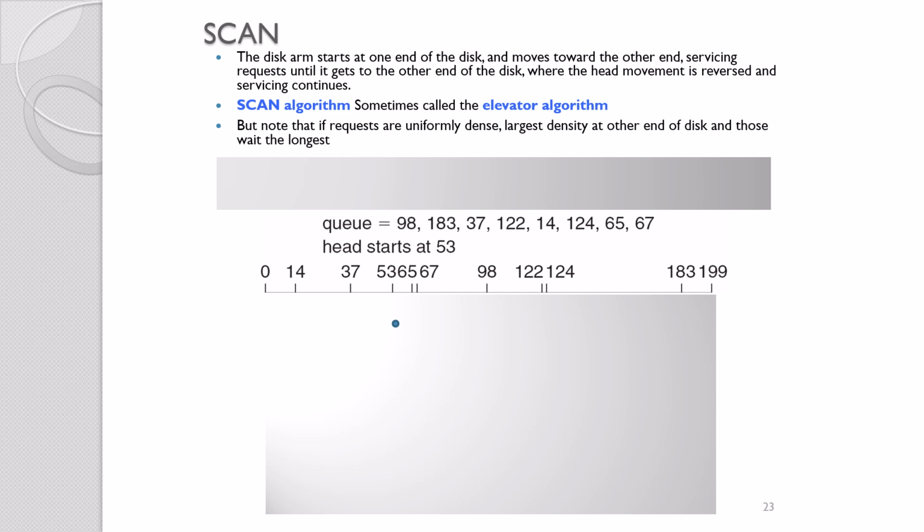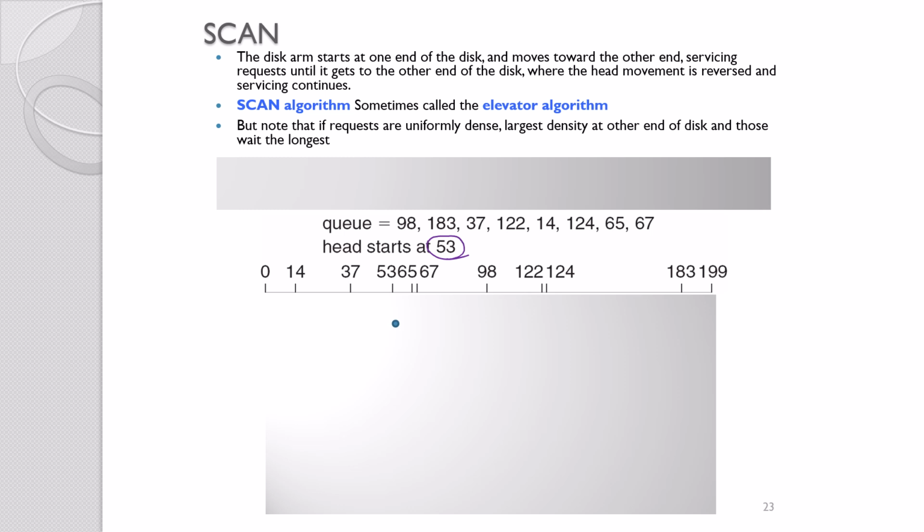Then there's the scan algorithm. This is sometimes called the elevator algorithm, and it just goes back and forth in either direction. If I gave you this exercise and said you start at 53, you need to know where your previous position was, because you need to know which direction to go in. This scans in both directions.